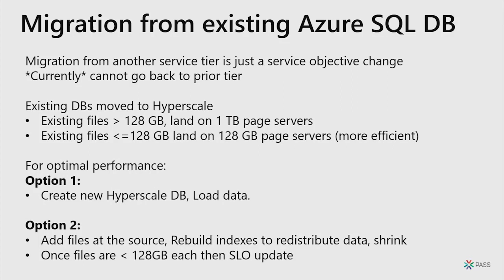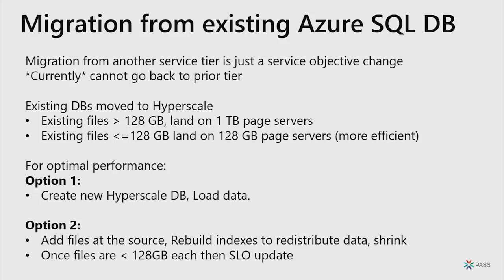Currently, if your data file size is greater than 128 gigs, so we had two architectures of page servers. When we GA'd, we actually started with 1 terabyte page servers, right? And then realized soon after that that's a performance bottleneck because remember the lowest level is stored in Azure Blobs. And Azure Blobs has a per blob IOPS limit and some other throttling that happens if you have large blobs.